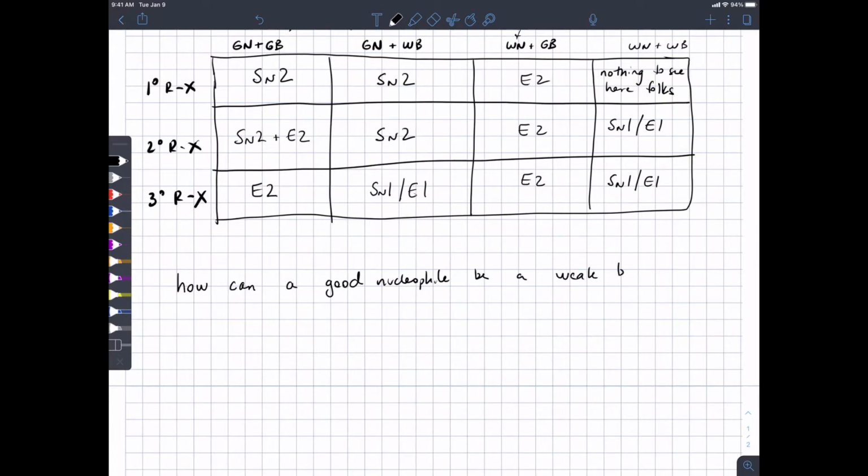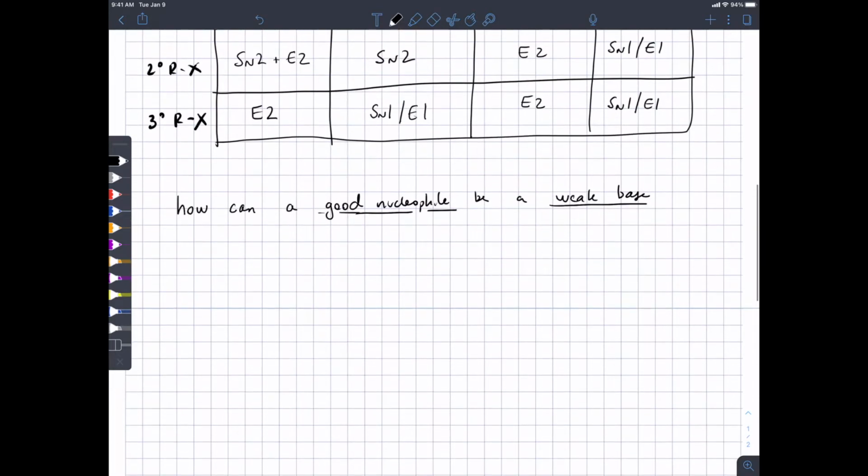Part of it has to do with the fact that we've made these categories based on experimental observations. So it may be that there isn't any first principles reason other than what we've observed. Second, the terms good and weak are always relative.